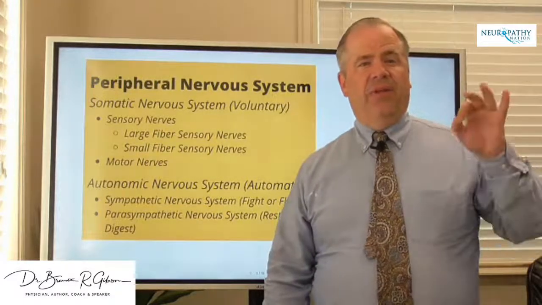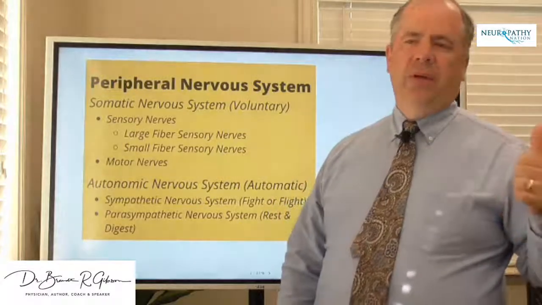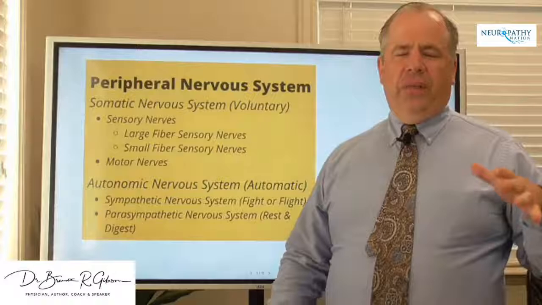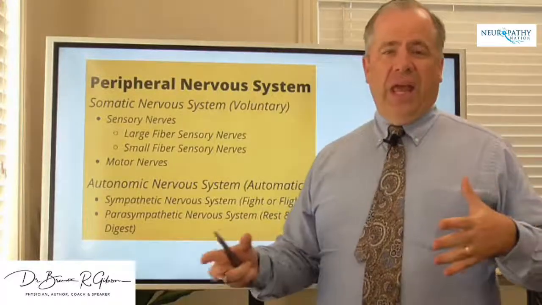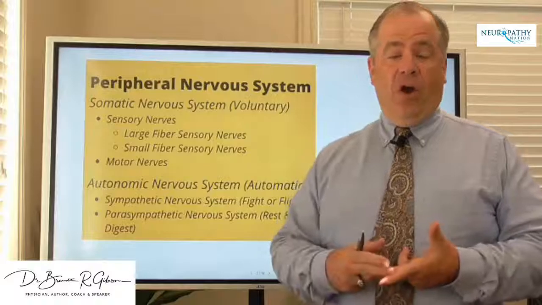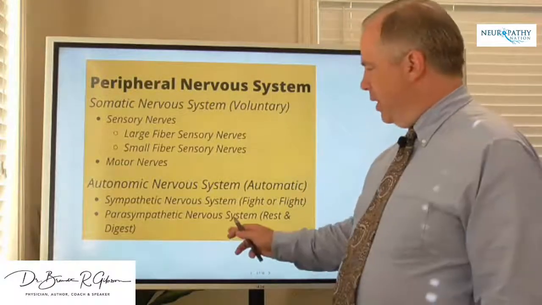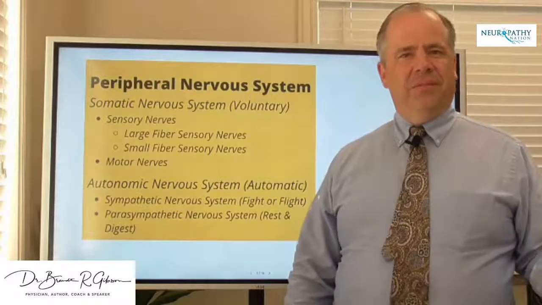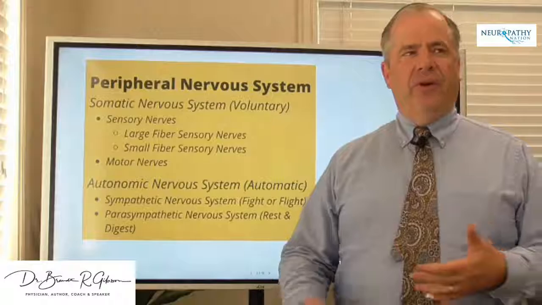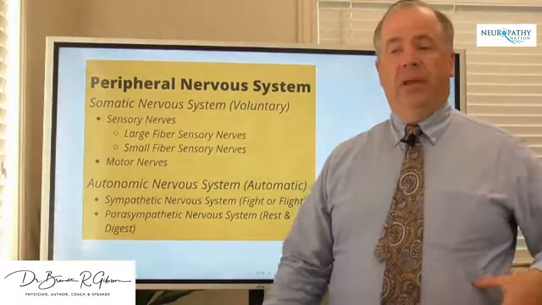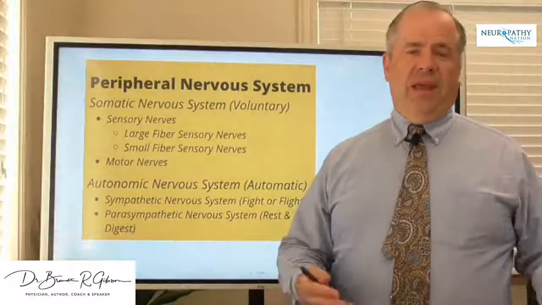When the fight or flight system is malfunctioning, which is commonly what happens with the autonomic nervous system, you're going to become short of breath. You're going to be kind of anxious, jittery. All that can be part of this, but it also will shut down some of the functions that are part of the parasympathetic nervous system. Digestion: your stomach's not going to have the motility it needs to have. You're going to have a harder time emptying your bladder, a harder time with the intestines and so forth.